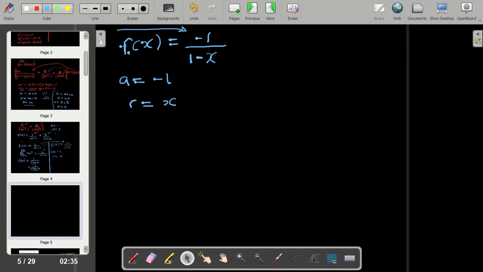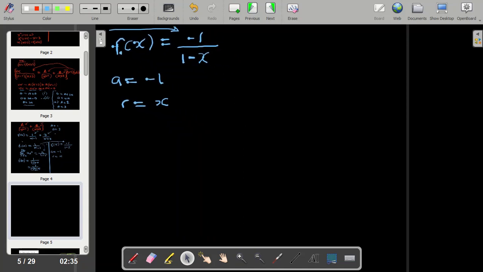So we need to write this in this form: the sum from n is equal to 0 to infinity of a r to the power n.